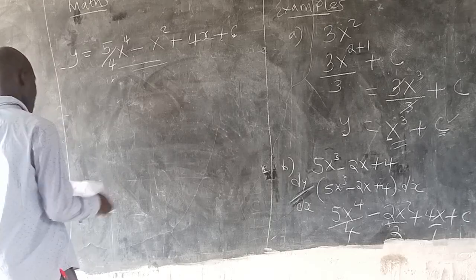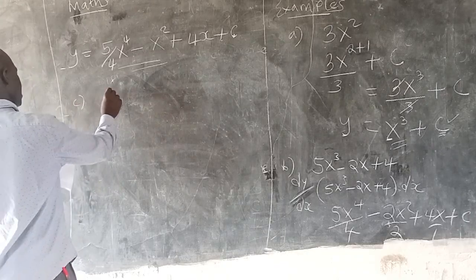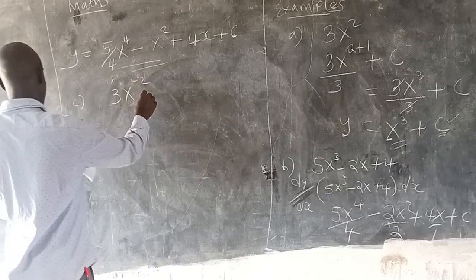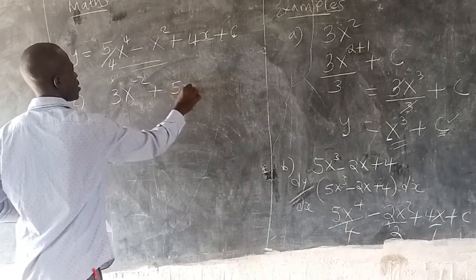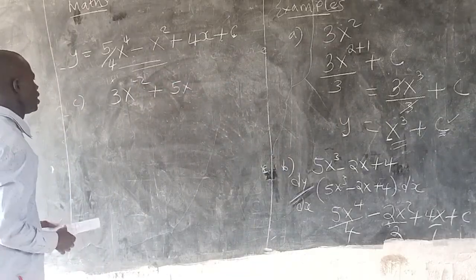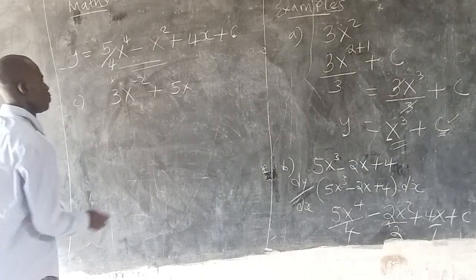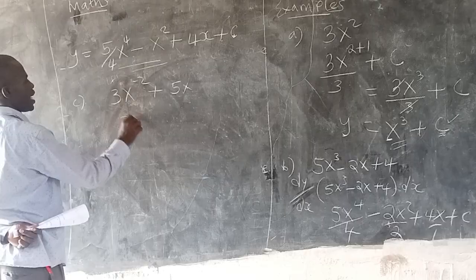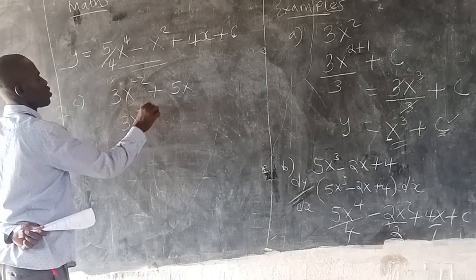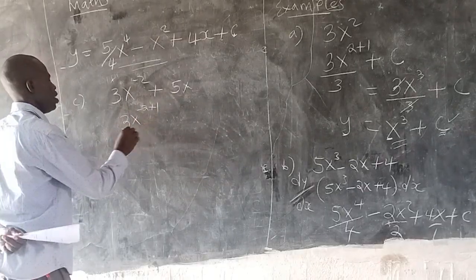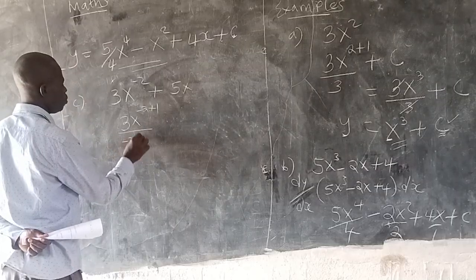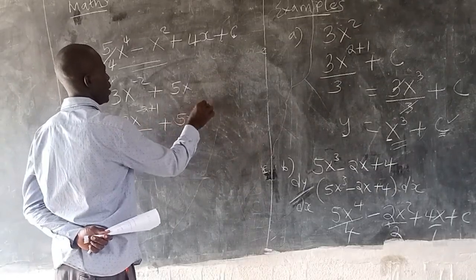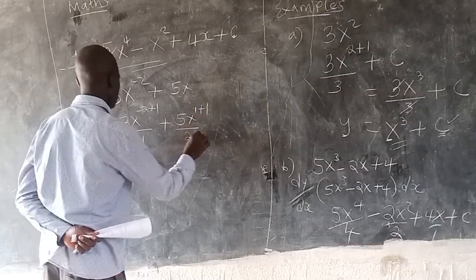Given any other example in part C, 3x raised to negative 2 plus 5x. To do this, we say we increase the power by 1, divide by the new power. So given 3x to the power negative 2 plus 1 over negative 2 plus 1, plus 5x to the power 1 plus 1 over 2.